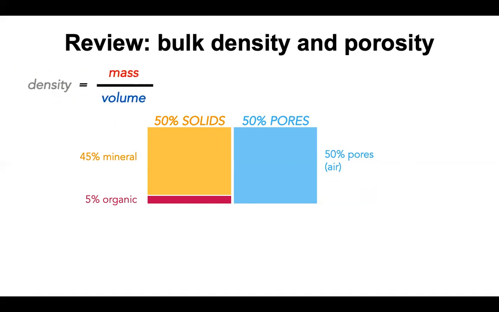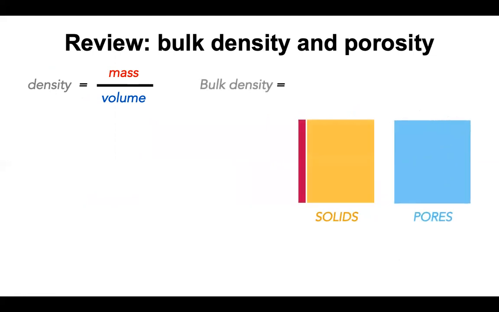So to review, density is mass divided by volume. When we talk about that in terms of bulk density, we are talking about the total mass of both pieces, both the solid and the pores, divided by the total volume. So we have the mass of the solids and the volume of the solids, that's here.